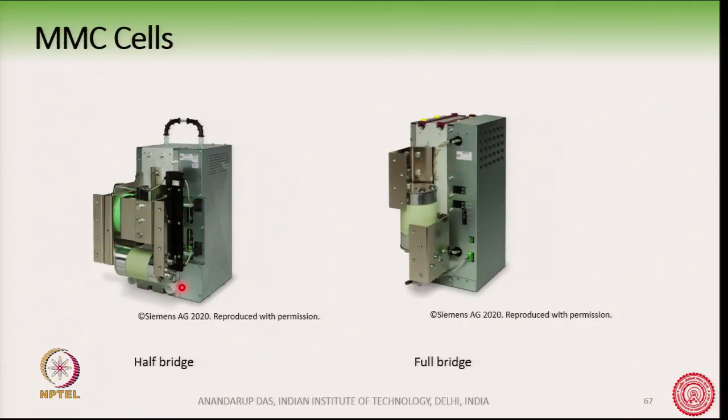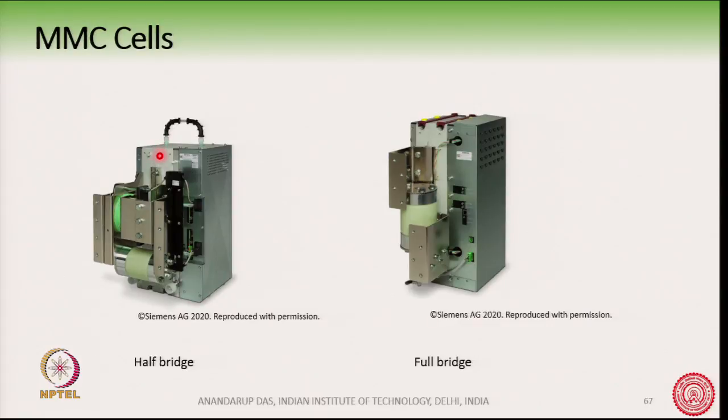Okay. And the main device is inside this. So, this is a half bridge and this is a full bridge, very similar in structure. So, here also you can see there are control cards and there is a main IGBT there. Okay. In both these cells, the capacitor is not shown. The capacitor has a separate box.